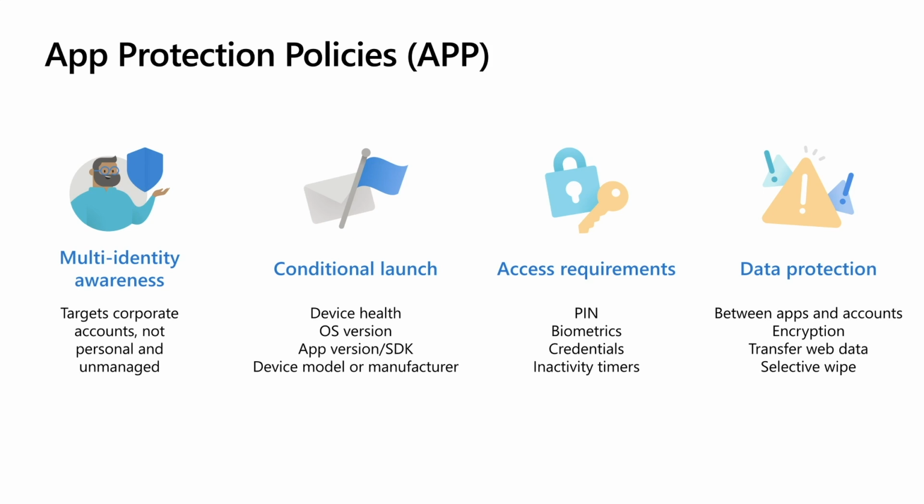And then finally, with data protection, this is where we implement controls like encrypting the work or school account data within those apps using algorithms provided through the Intune SDK. But we don't stop there.